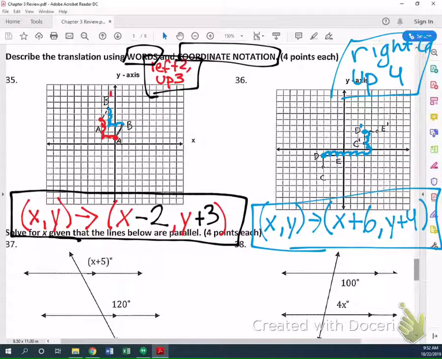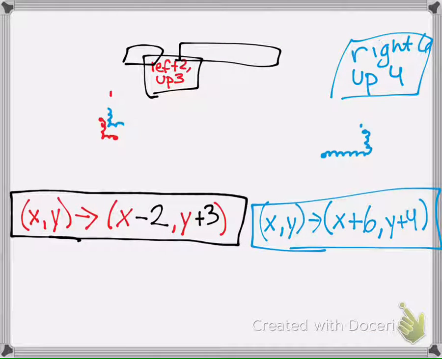All right, so I'm going to make a little key for us real quick because it doesn't seem like you guys still have this in your notes. Does everyone have this part? Okay, so just for study purposes, if we are going right, how do we show that?